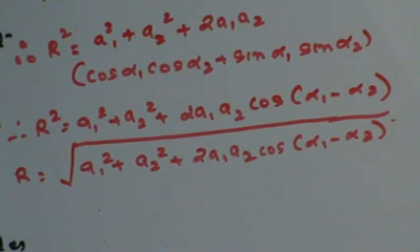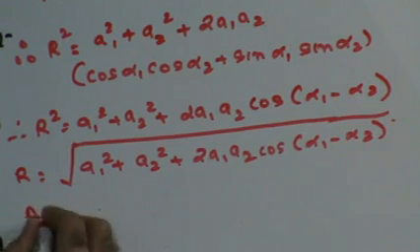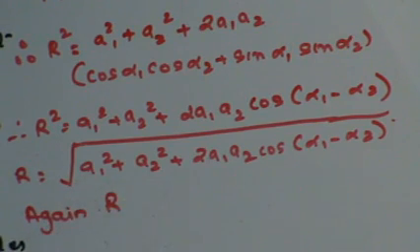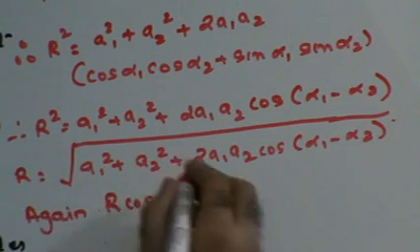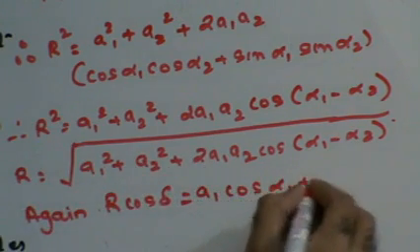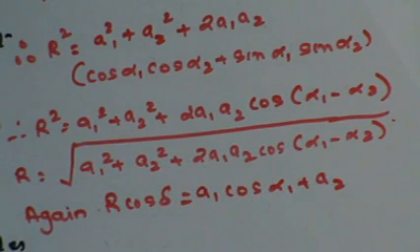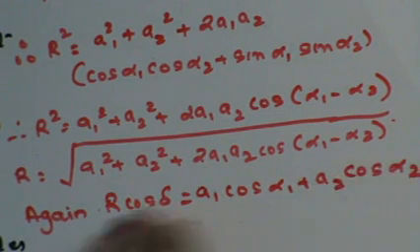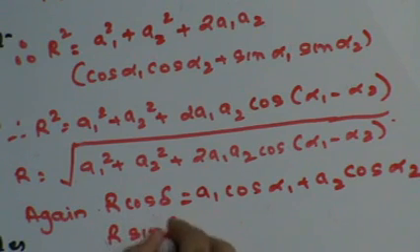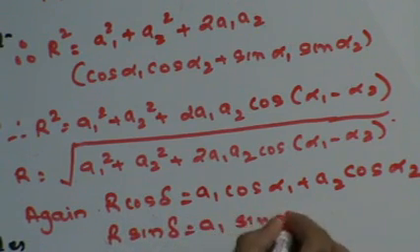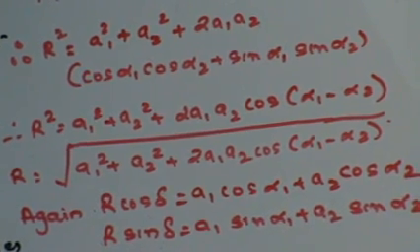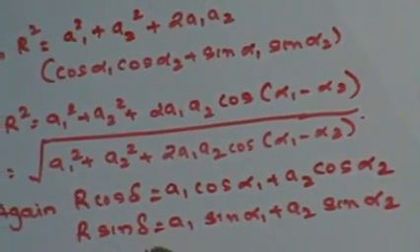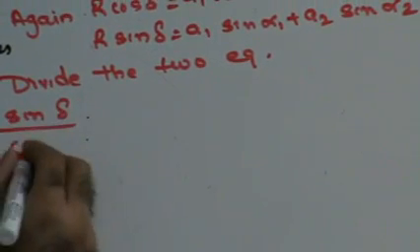Right? We know that I can say again R cos delta is A1 cos alpha 1 plus A2 cos alpha 2, and R sin delta is A1 sin alpha 1 plus A2 sin alpha 2. Divide the two equations. In that case, I'll get sin delta upon cos delta.